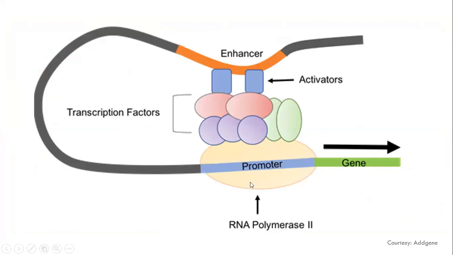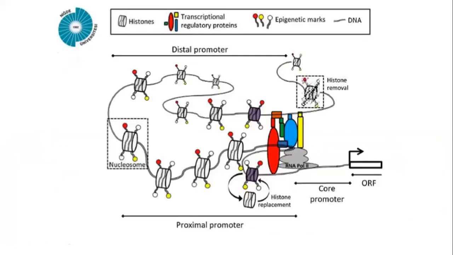If you zoom into the enhancer, it may be 50 kilobases away from the given promoter. They can loop into a specific formation and combine with a specific complex of transcription factor activators. An enhancer always associates with the activator that turns the gene on. And if you zoom in on the histone region, this is how the distal and proximal promoters are arranged.